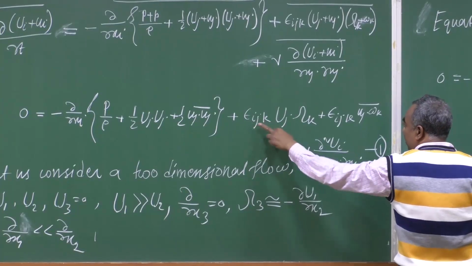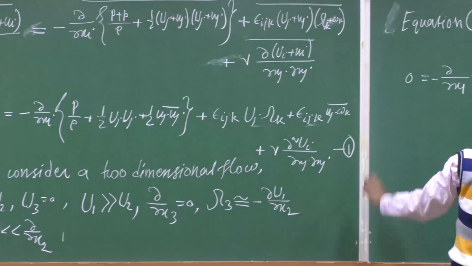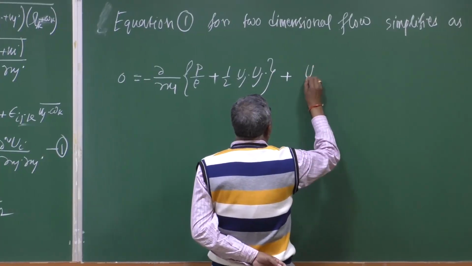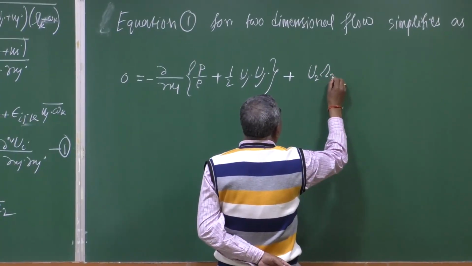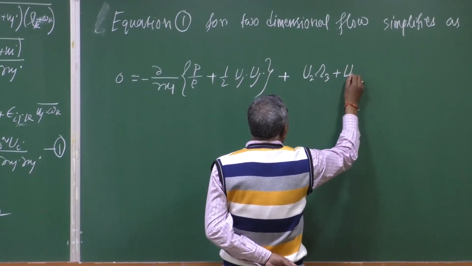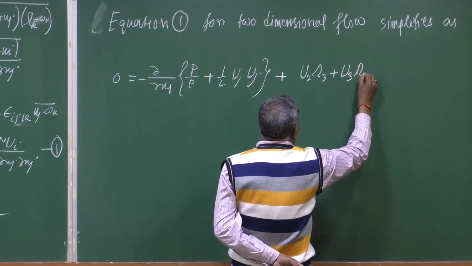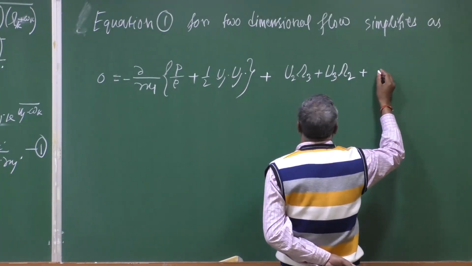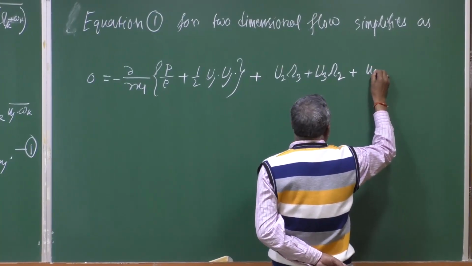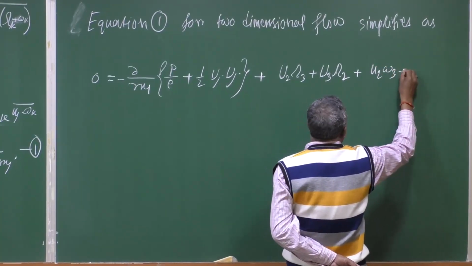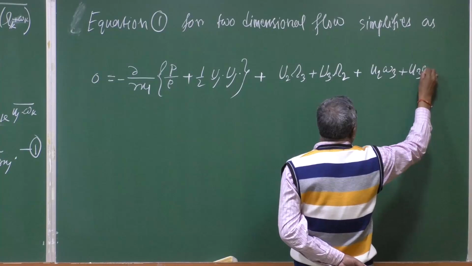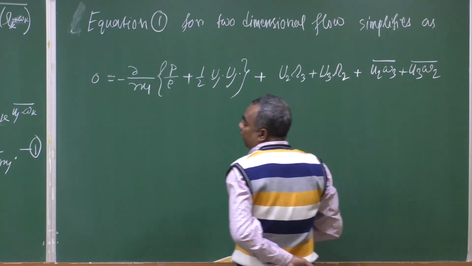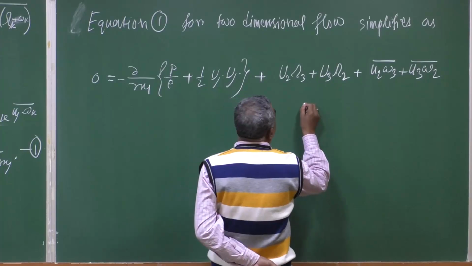So, in that particular case these two terms simplify as u 2 omega 3 plus u 3 omega 2 bar, okay, and plus the last term.